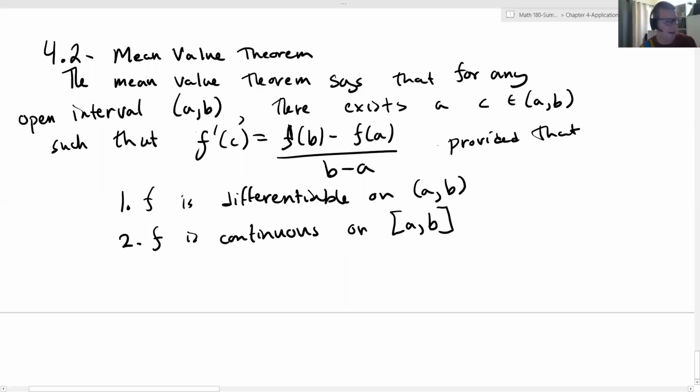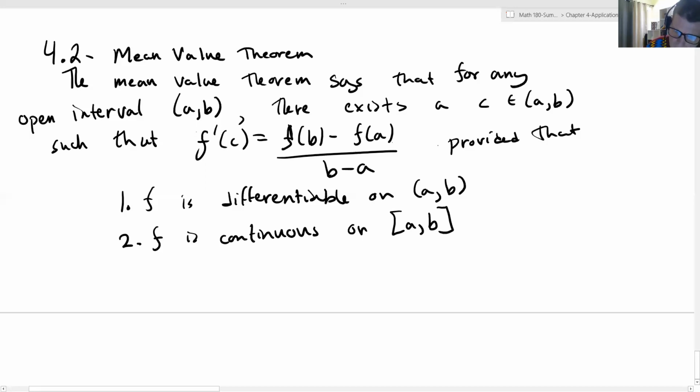So provided that we have those two things, we know that this is going to be true.